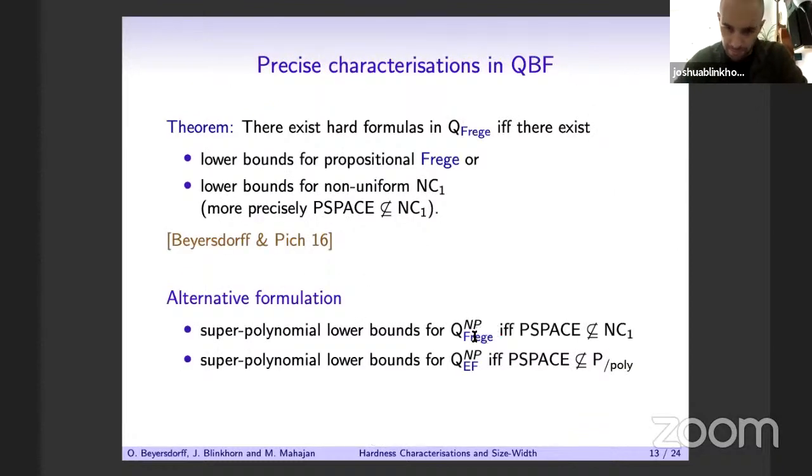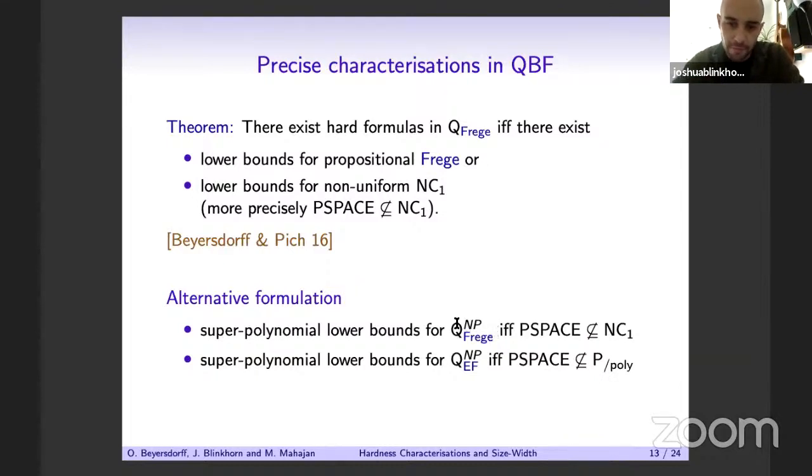In this system, which is based on the propositional Frege system, this thing here, QNP Frege, you take the Frege system, do something quite natural to it, and you get a QBF system out.